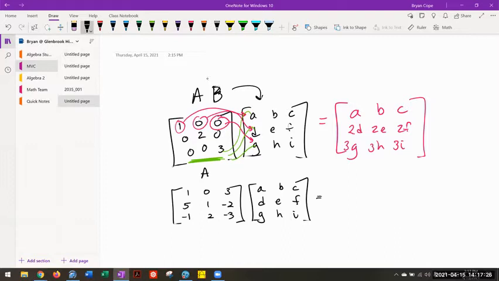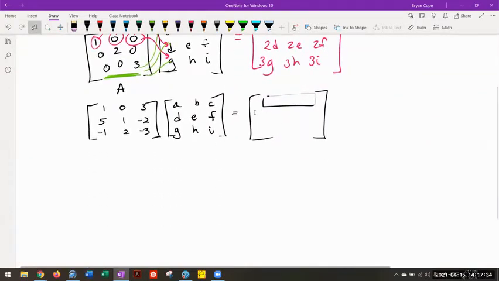Okay, here's how it's going to work then. To make the first row, I'm going to do a little work down below this. To make the first row, we need to take scalar weights from the first row of A and use them on the rows of B. So I'm going to write this out really explicitly.